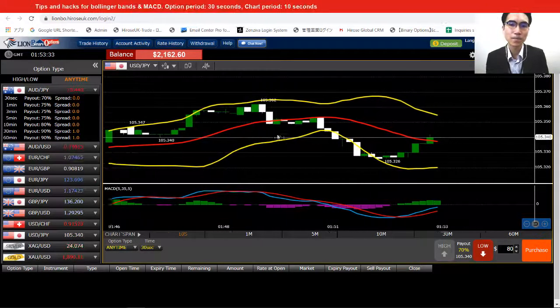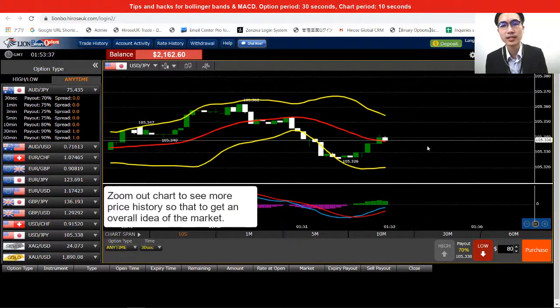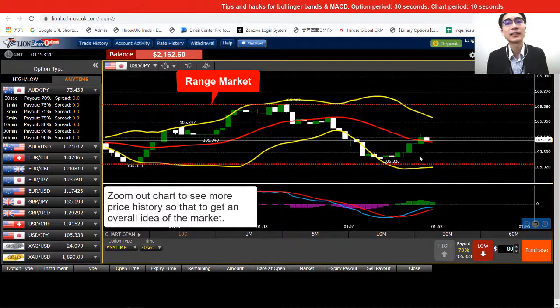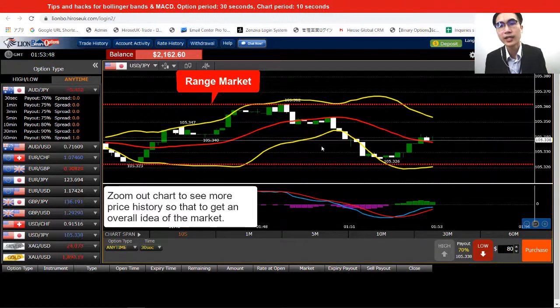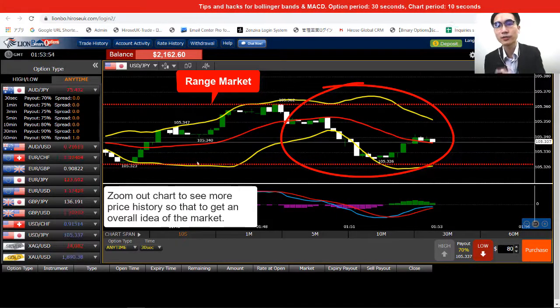The tip for you to figure out whether the price is in a range market is to zoom out from the chart a bit, slide to the right, and see more of the candlestick history, the price history. So you see here, if we zoom out too much, we'll see that the price might be in a downtrend.